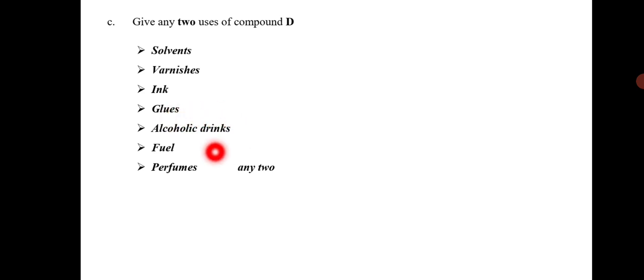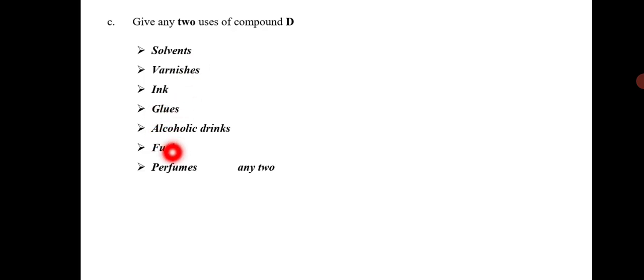Glues. It can also be added to alcoholic drinks. Remember, ethanol is the substance responsible for drunkenness in alcoholic drinks. It can also be used as a fuel to run car engines. It is also added to perfumes.